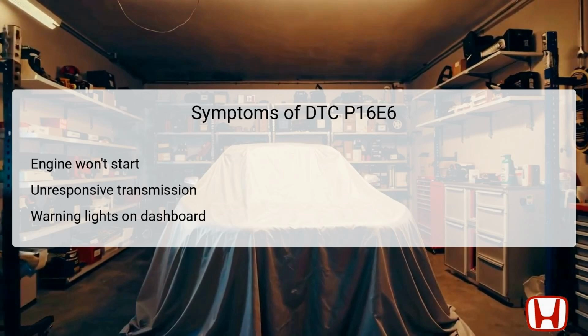Secondly, the transmission may exhibit unresponsiveness when attempting to shift gears, leading to potential safety hazards while driving. Additionally, the vehicle may display warning lights on the dashboard, signaling a malfunction that needs immediate attention. By addressing these symptoms promptly, one can avert further complications and ensure the continued reliability of the vehicle.